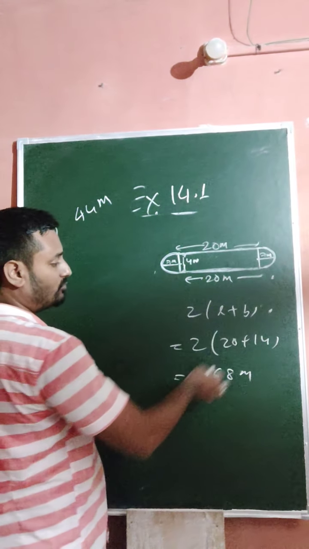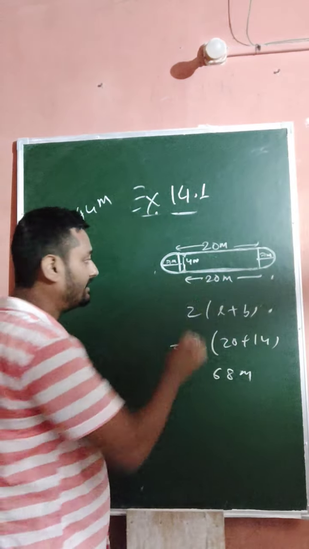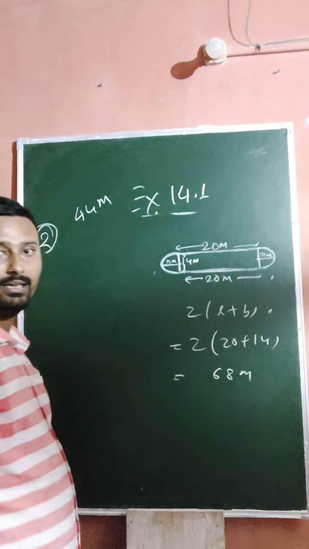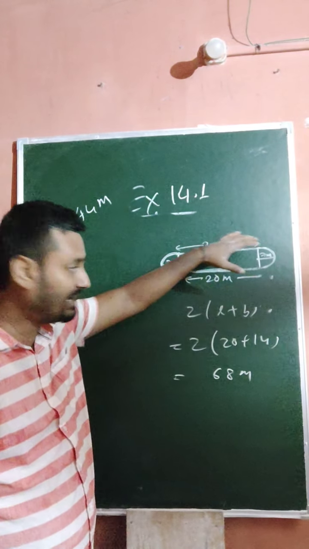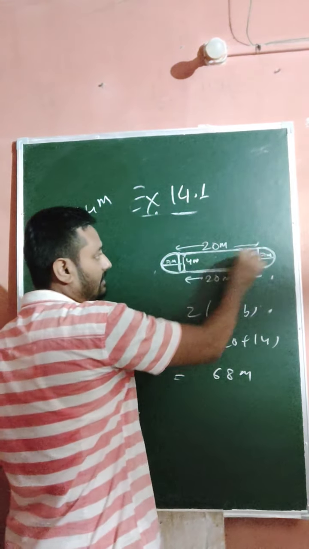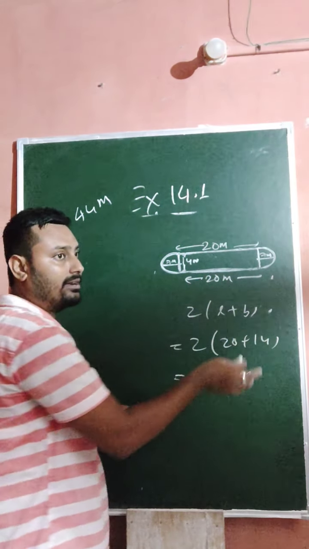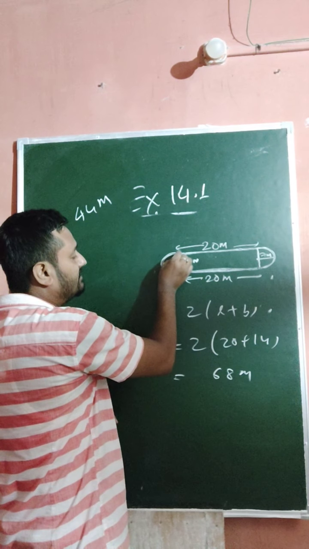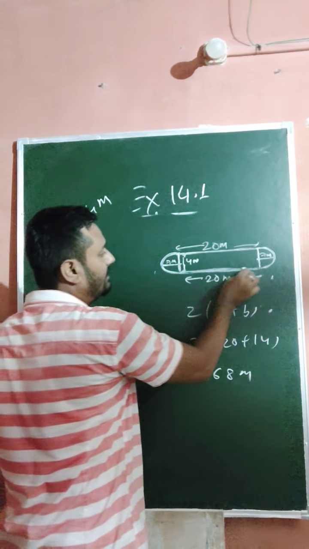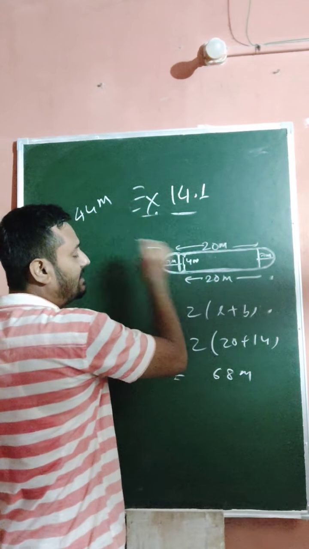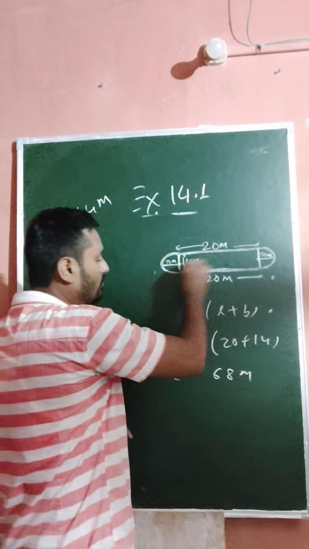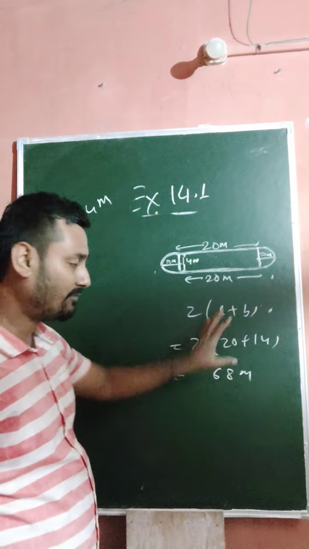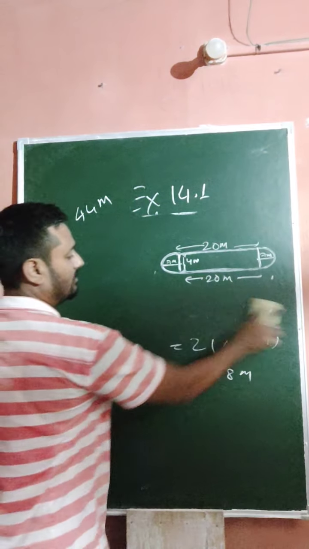Why? Because whenever you find the perimeter of a rectangle, these two parts will be added to your answer. But in case of the perimeter of that field, these two parts are not needed. Perimeter means, if you want to fence the garden, you start from this point, go like this, and complete at this point again. So these two breadths are not needed, so you can't use the perimeter of the rectangle.